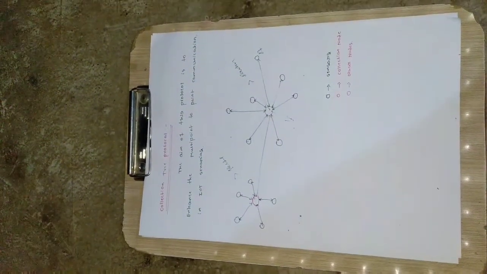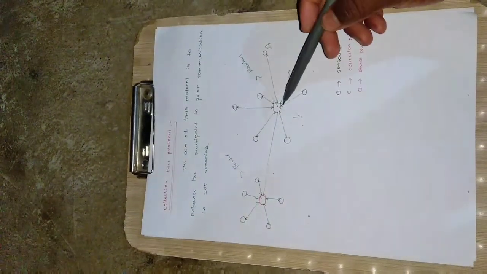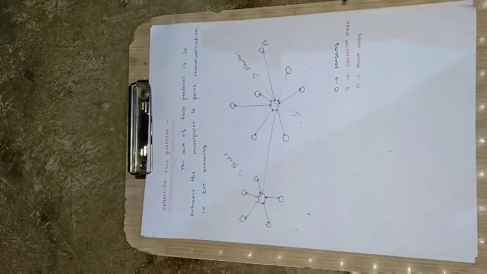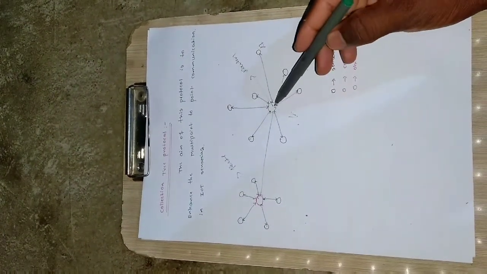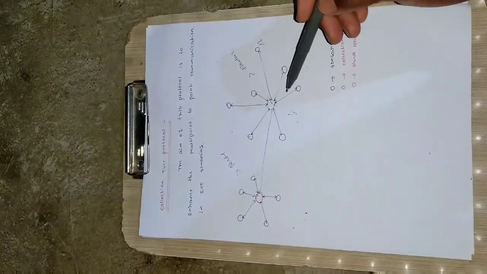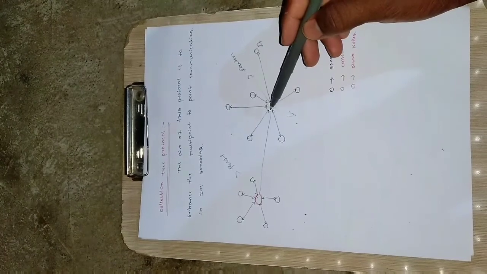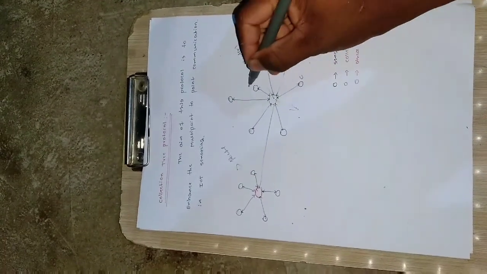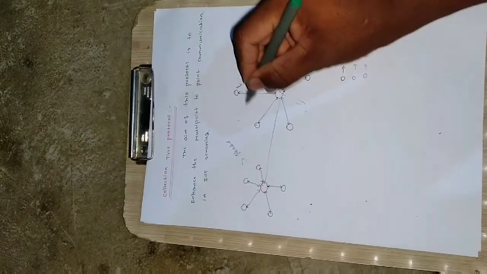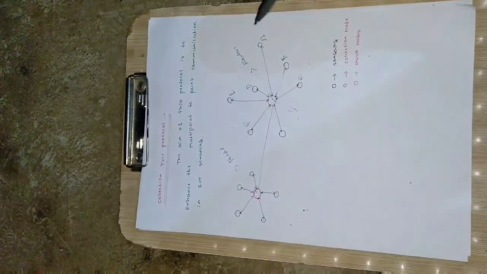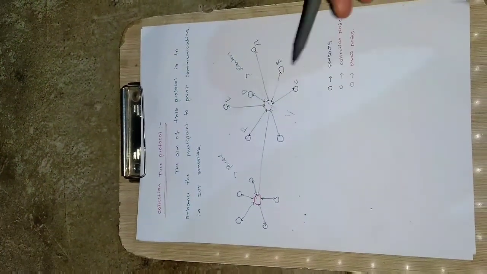So that is the basic working of a router. Here the logic is that this routing node will have the address of all these nodes. Let us say A, B, C, D, E, F, it has stored the address for all these nodes.